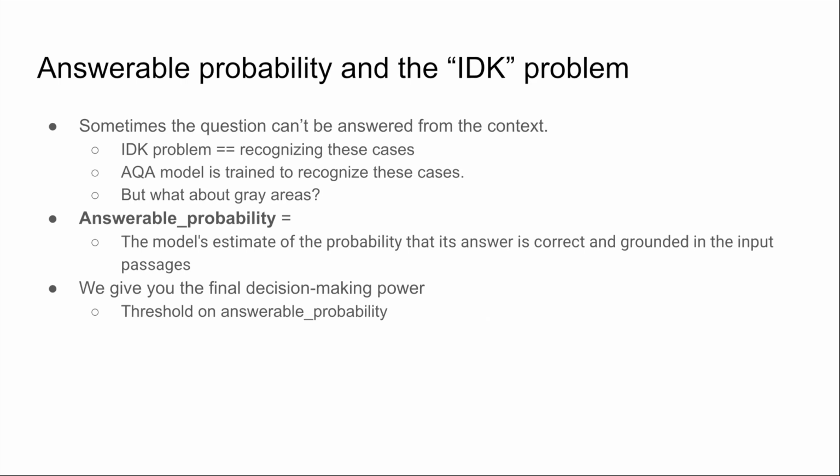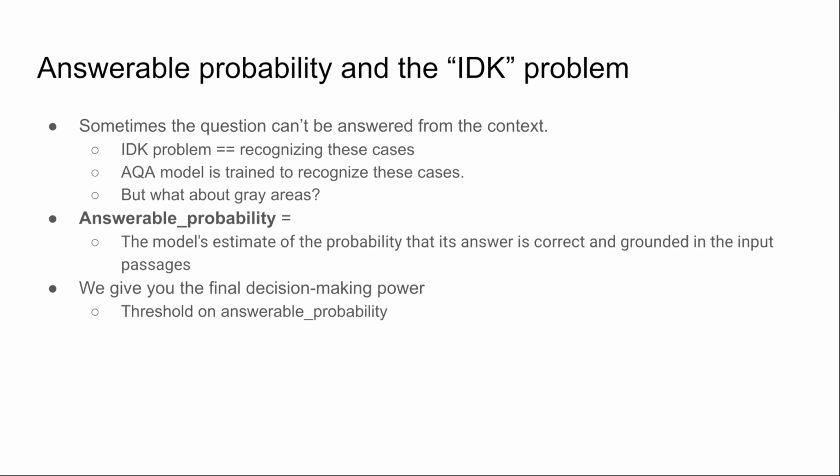But what about gray areas? What about questions that can only be partially answered, or there's no definitive answer to whether it can be answered? That's why we provide in the model an answerability probability, which is a number from 0 to 1. This is the model's estimate of the probability that the answer is correct and grounded in the input passages.